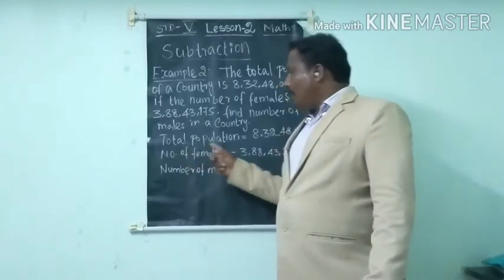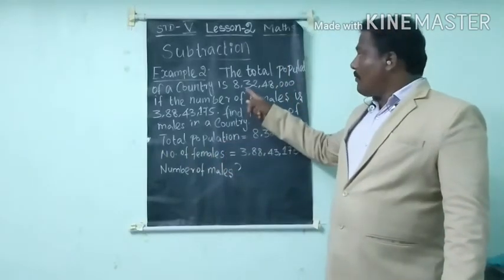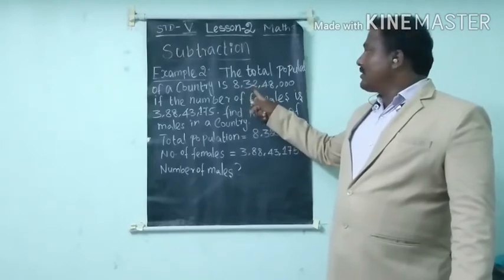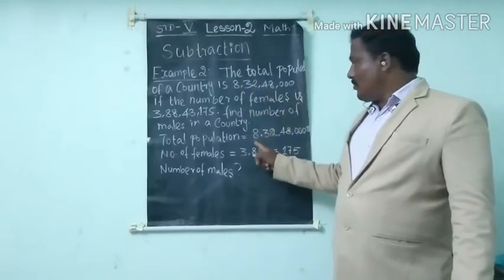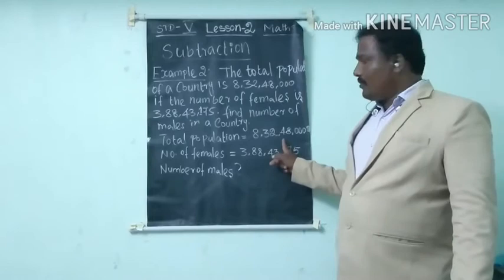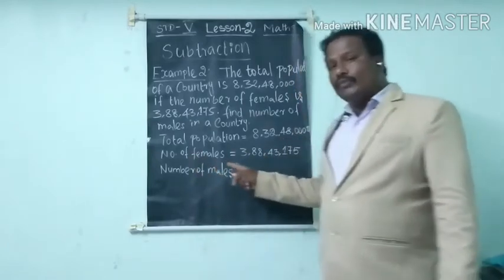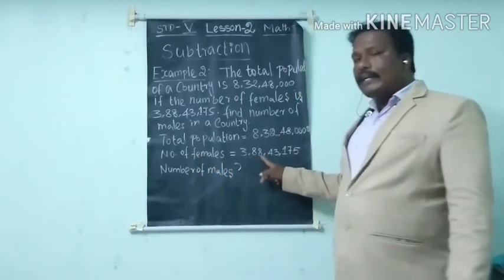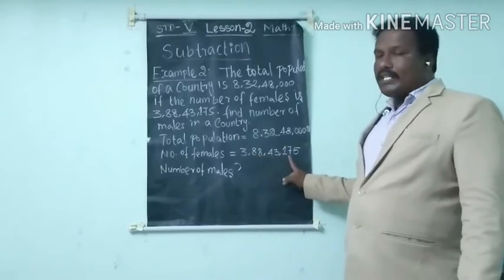See, the total population we know: 8 crore, 32 lakh, 48,000. The number of females we also have: 3 crore, 88 lakh, 43,175.